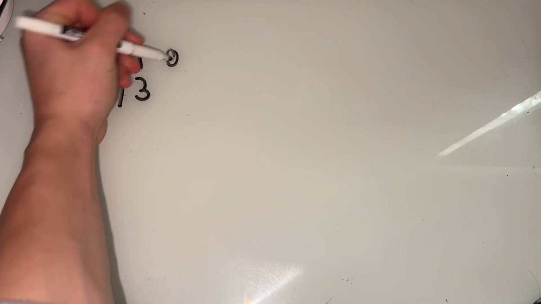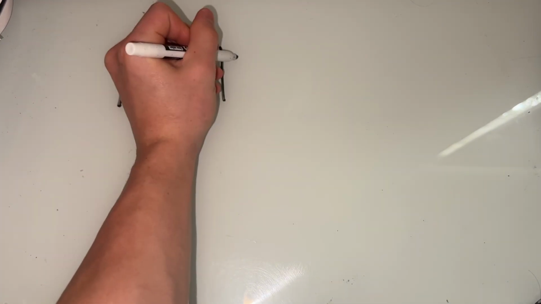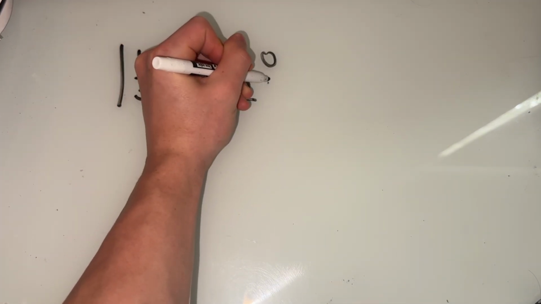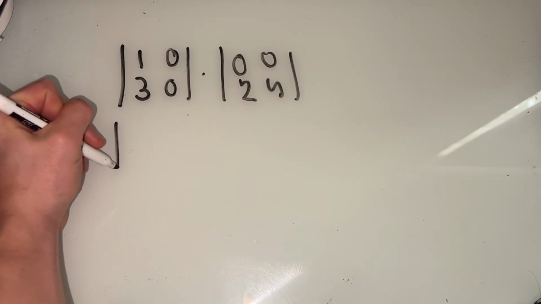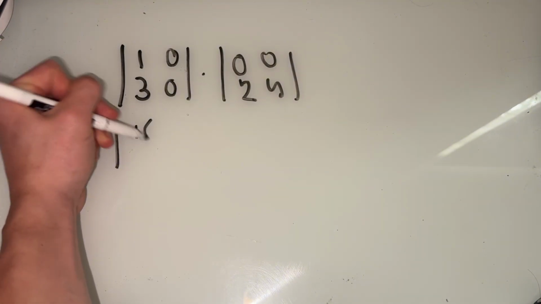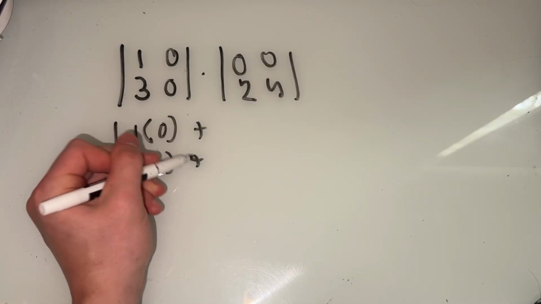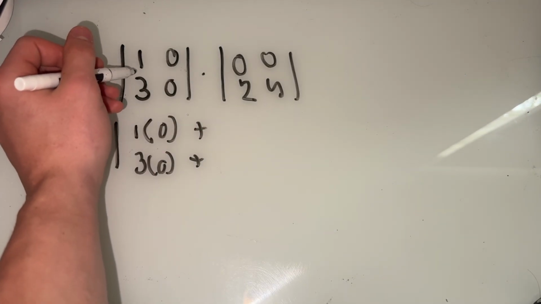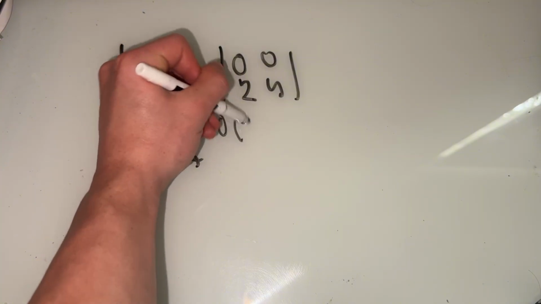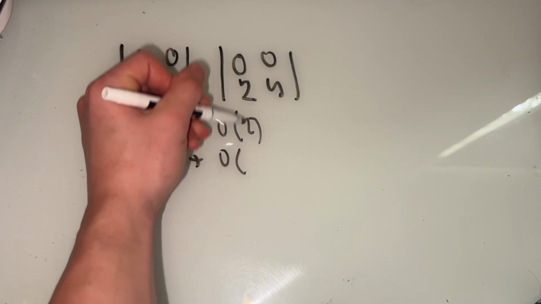For our next question, assume you have the matrix 1, 3, 0, 0 times 0, 0, 2, 4. First, take 1 times 0, 3 times 0, and add that to 0 times 2 and 0 times 2.